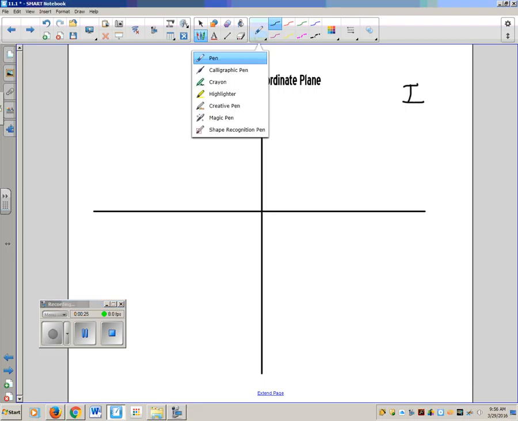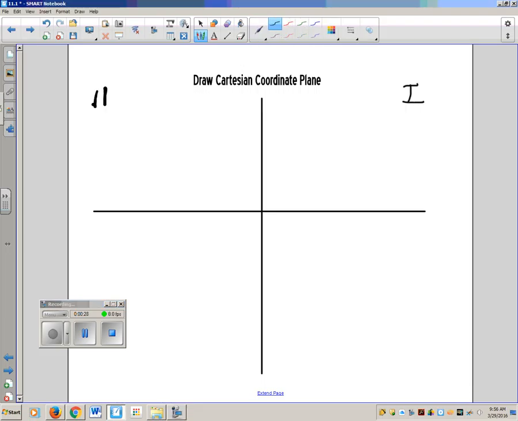1, 2, 3, and 4. Quadrant 1 is positive, positive.